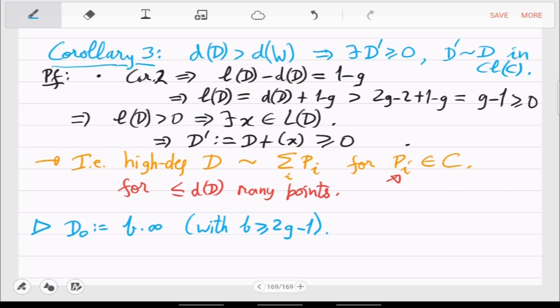That gives you the genus. So LD0 space minus B, which is the degree, is equal to 1 minus genus.